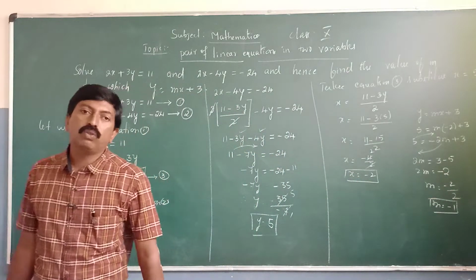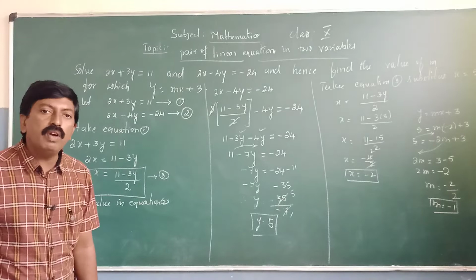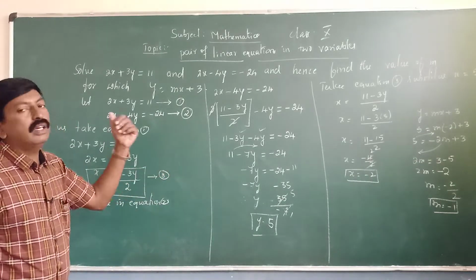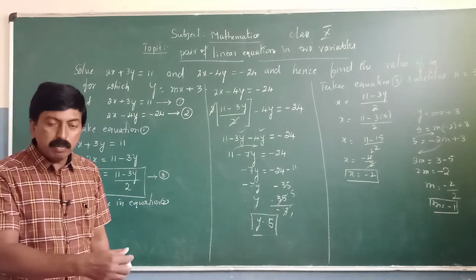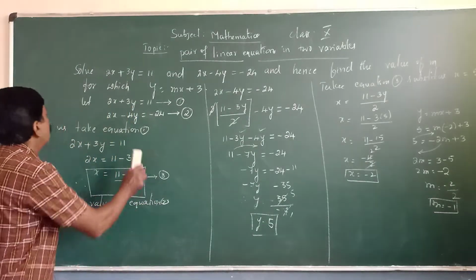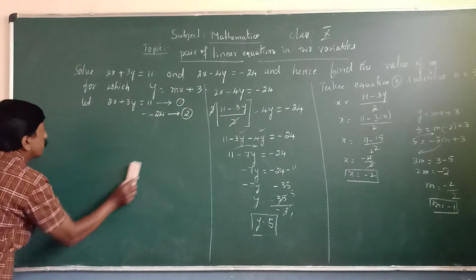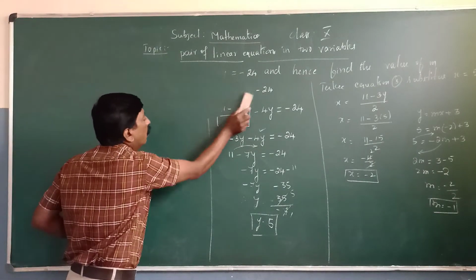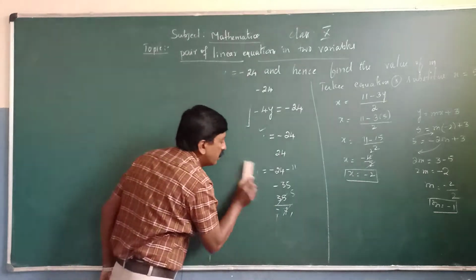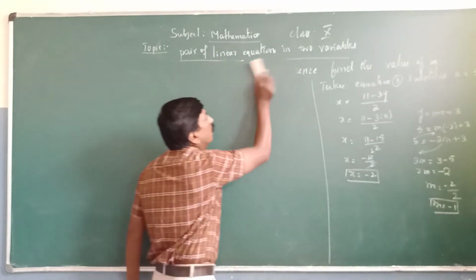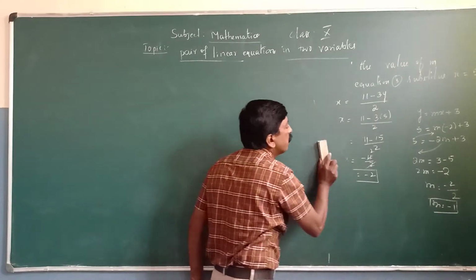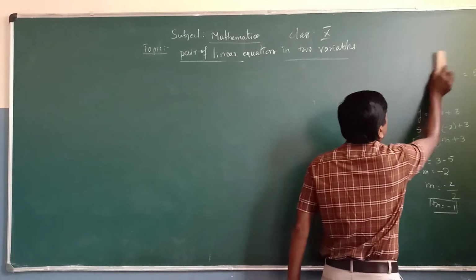Like this, we have to find the x value and y value and also find the m value. So like this, many problems are there. We have to work them out one by one. Yes, probably I think you are following well. In the same way, you have to work out problems related to your textbook.